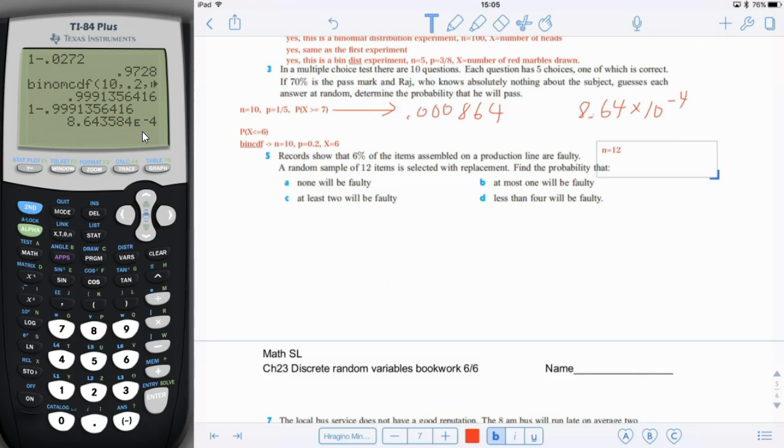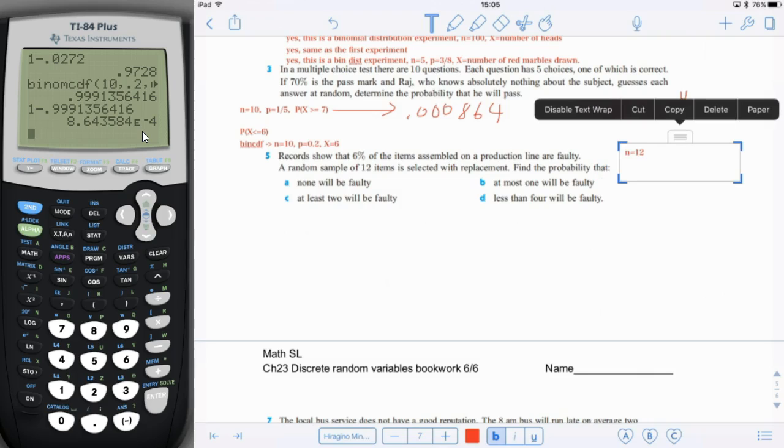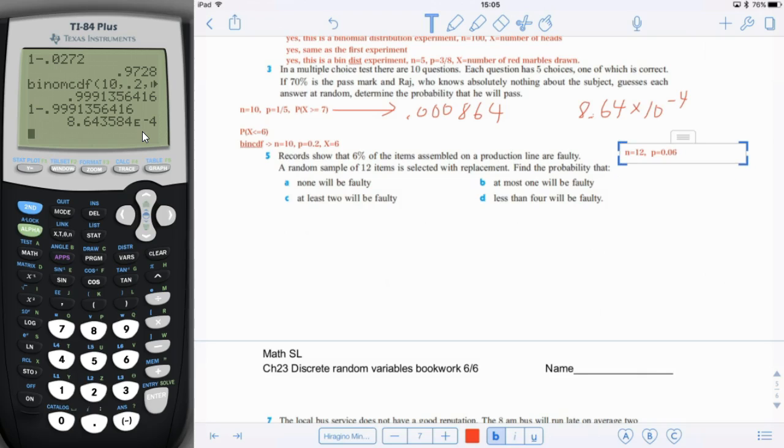And so 6% of the items are faulty, so the probability of quote-unquote success, because finding a faulty item is not really success, but in this case it is kind of success, is 0.06. And then for each one we're going to have a different value of X.